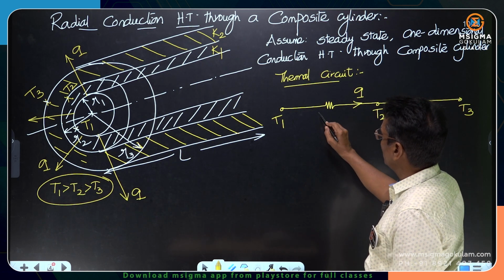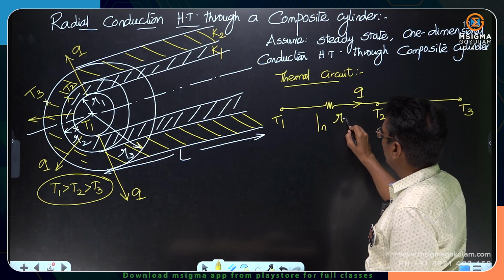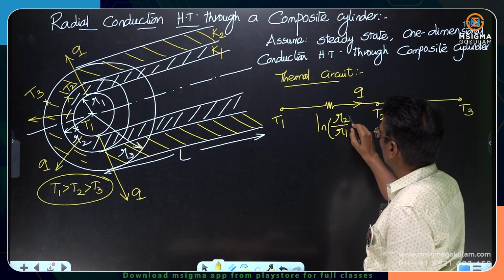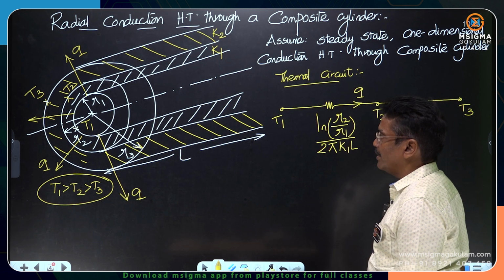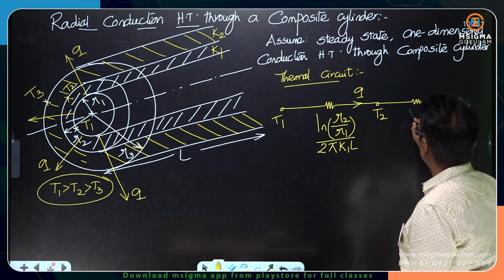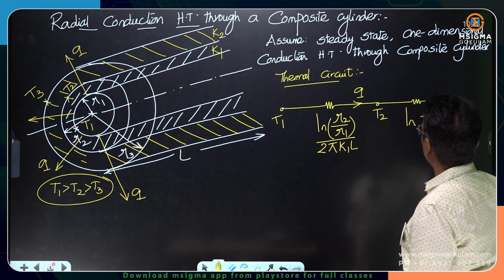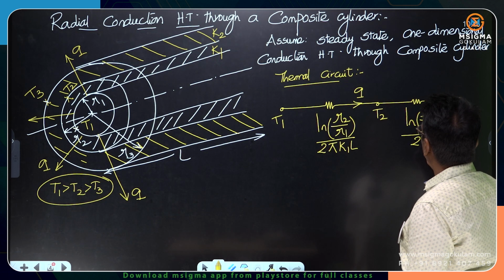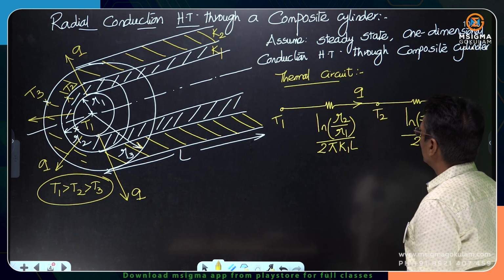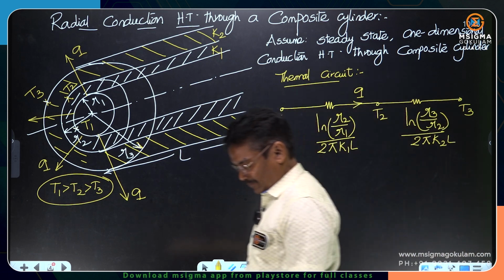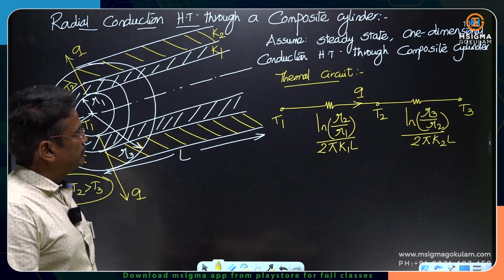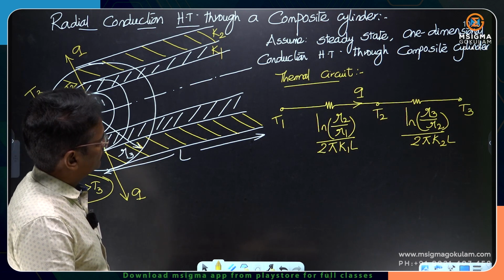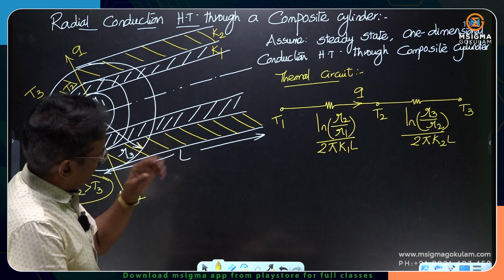The first resistance will be ln R2 by R1 divided by 2 pi K1 L. The second resistance will be ln R3 by R2 divided by 2 pi K2 L. Look at this, both are conduction resistances.